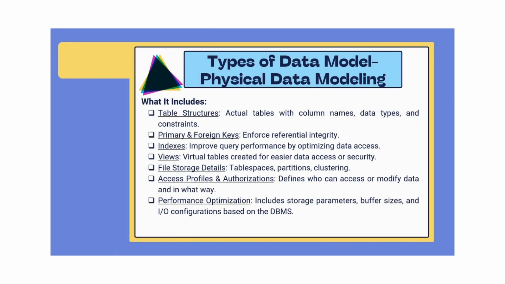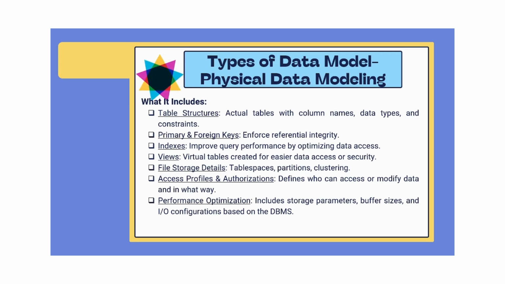Now, what are the things that are included in physical data modeling? First one is table structure, second is primary and foreign key, next is indexes, next one is view, next goes to file storage details, next is access profile and authorization, and the last one is performance optimization.